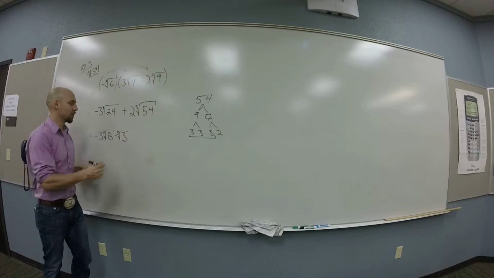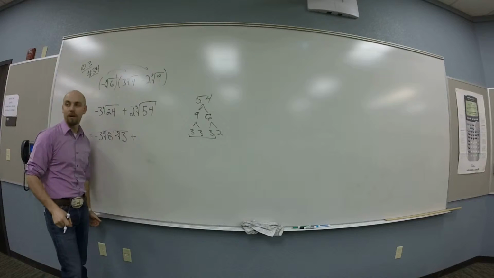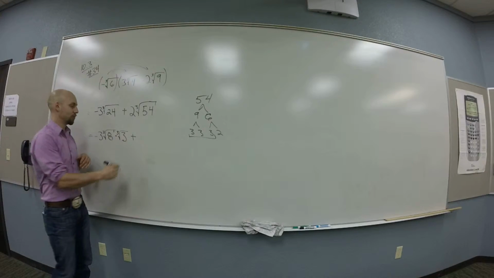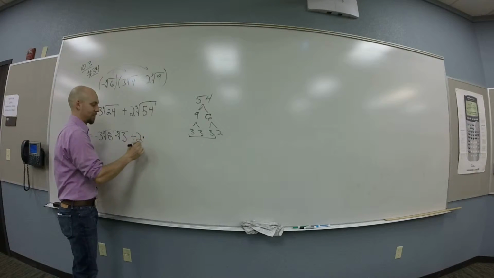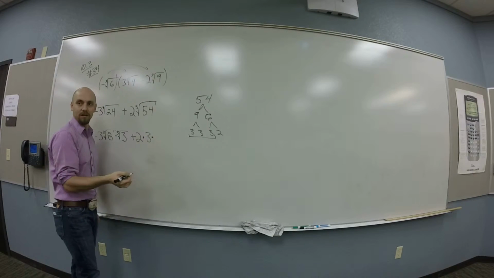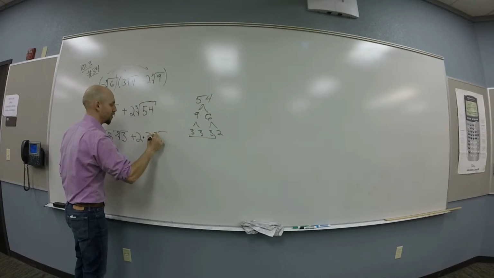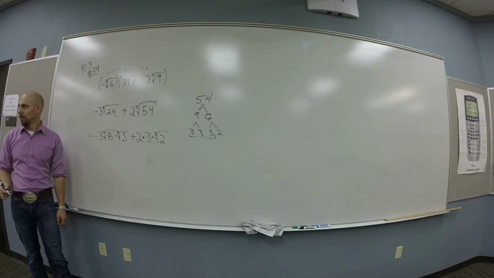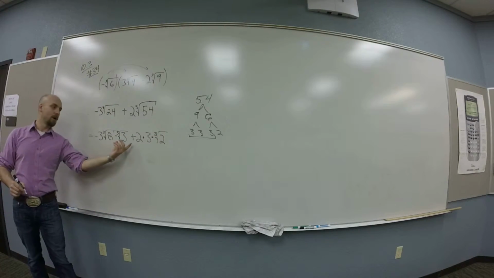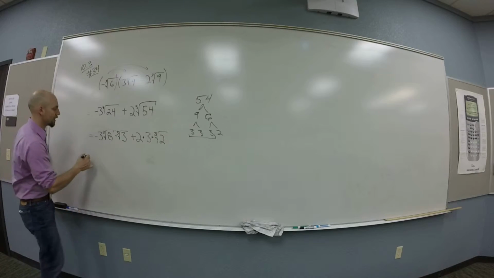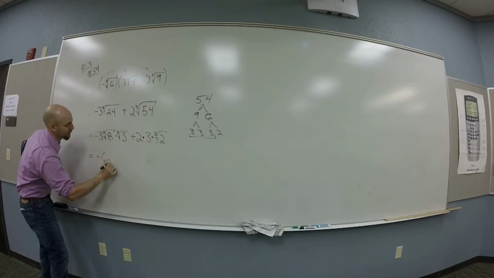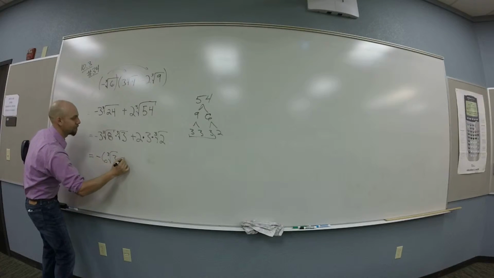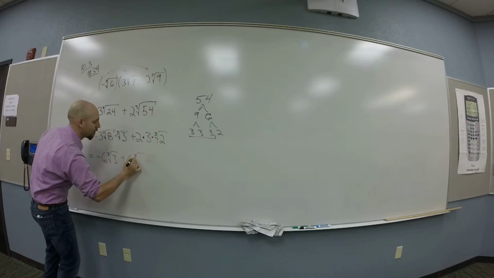And so that means you're going to get here plus what? 2 times 3 times cube root of 2. Yeah? So that's 2 different thought processes. They'll get you to the same place. So you'll get negative 6 cube root of 3 plus 6 cube root of 2.